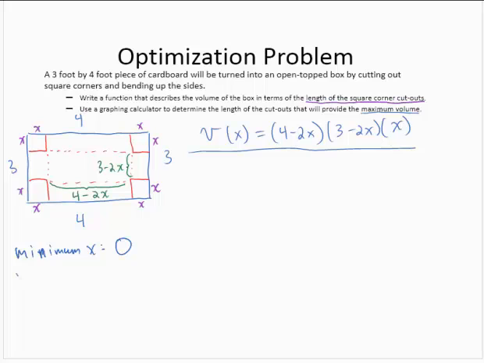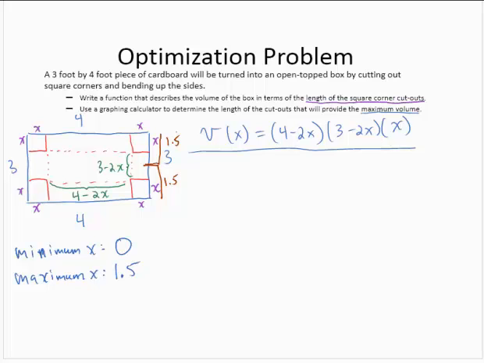Now the maximum amount you could cut out would be 1.5. If you were to cut out 1.5 from one end, then you'd have to cut out 1.5 on the other side, and now you've cut out the whole side.